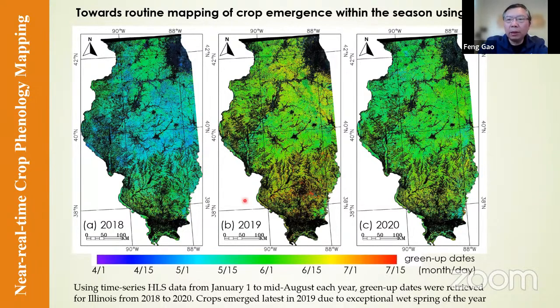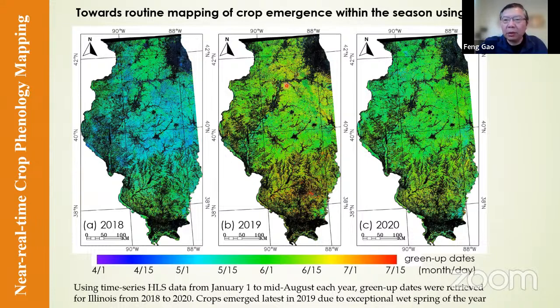We detect the crop emergence earliest in 2018 and latest in 2019, particularly in northern Illinois. That was related to the historically cool and wet weather in 2019. Some fields in 2019 were not planted at all.